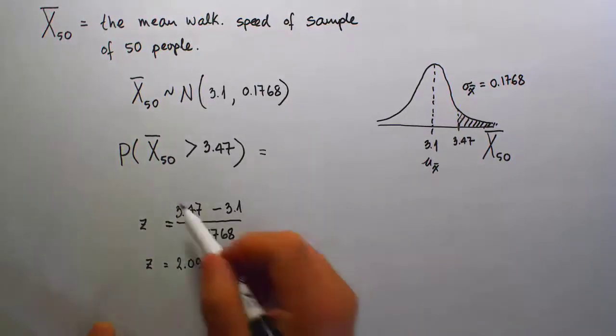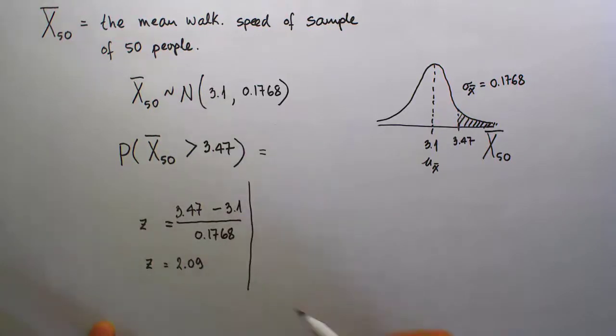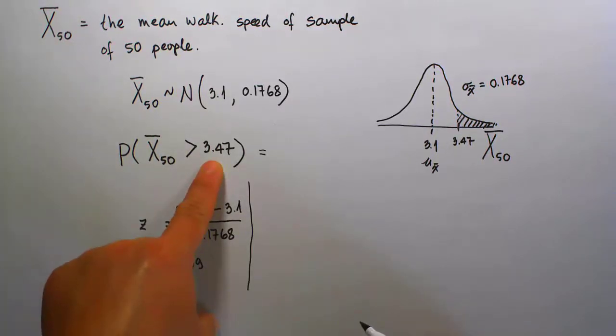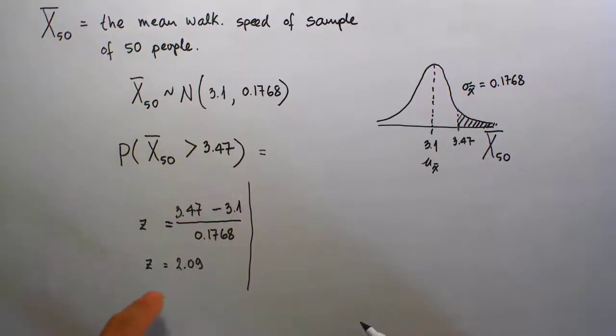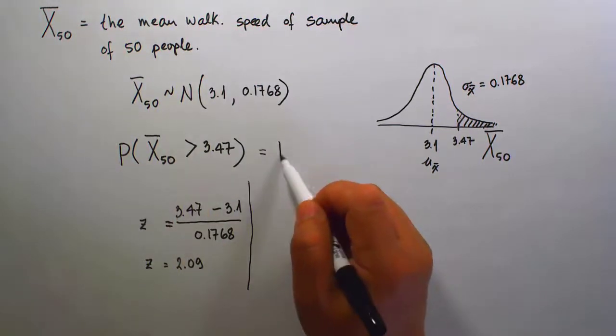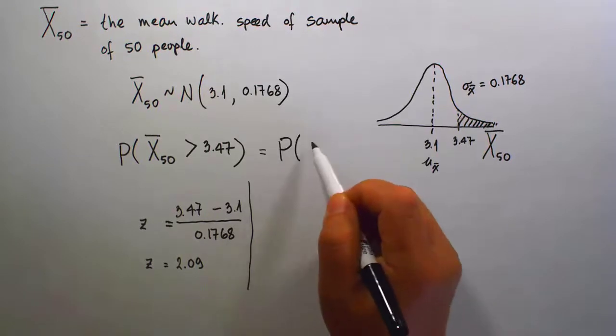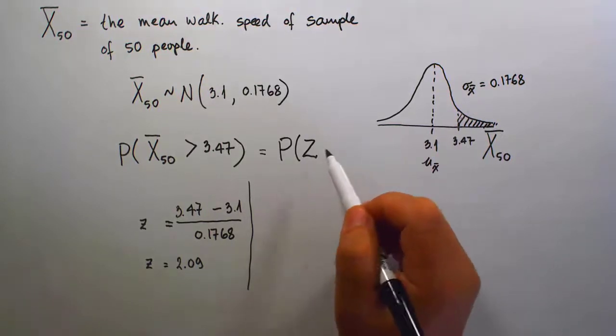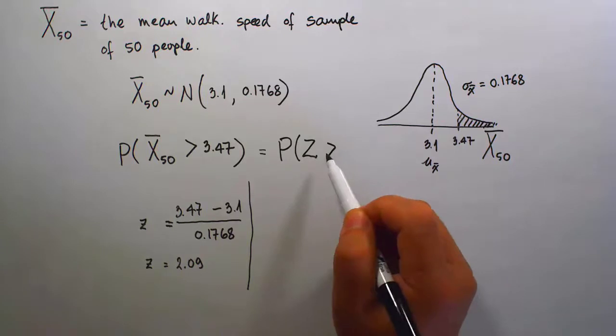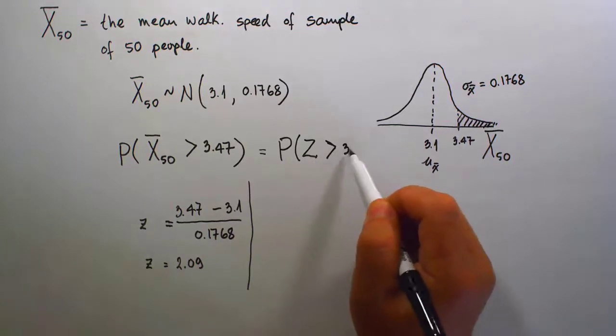So here, we are looking for the z-score of our value 3.47. In order to have a sample mean above 3.47, on the standard z curve that would be equivalent to having a z-score above 2.09.